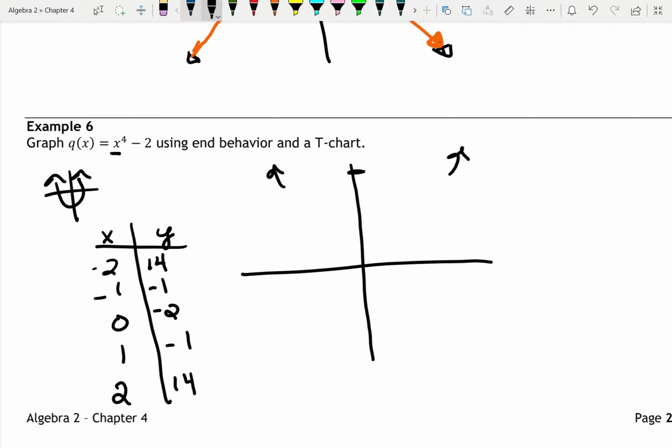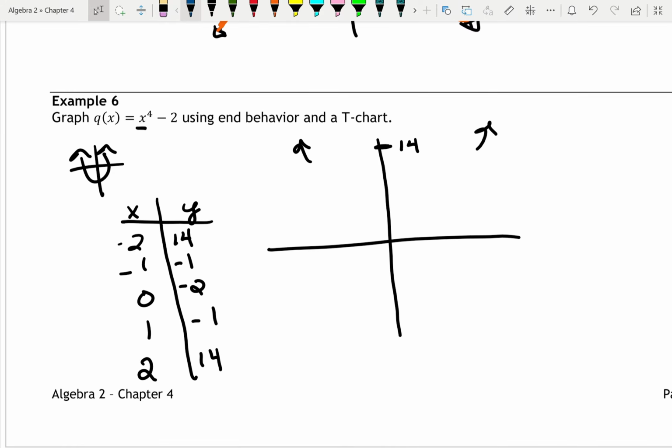So I'm just going to put a dot up here, and I'm going to say that it's 14 because I don't really want to have to count out 14 different spots. We have the point -2, 14, positive 2, 14, -1, -1, positive 1, -1, and then 0, -2.